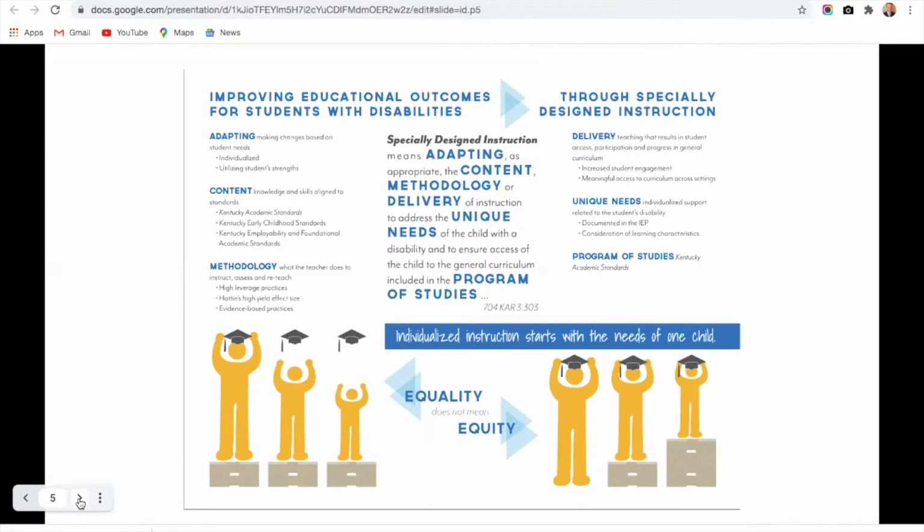And so when they put all that together, they say specially designed instruction means adapting as appropriate the content, methodology, or delivery of instruction to address the unique needs of a child with a disability and to ensure access of the child to the general curriculum included in the program of studies. You also have delivery on the other side of the page there. You have unique needs and program of studies.